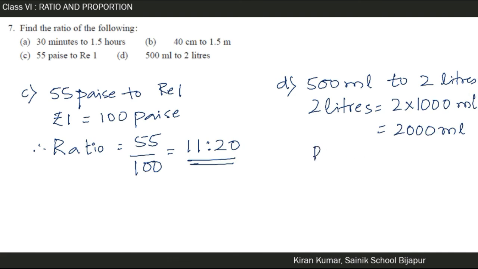So the required ratio will be equal to 500 upon 2000. This will be 5:20. Again, it can be further simplified, and we get it as 1:4.